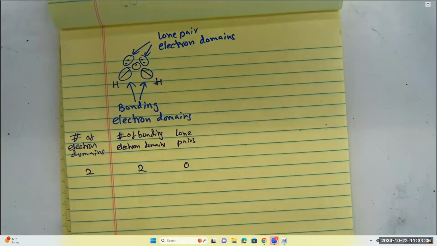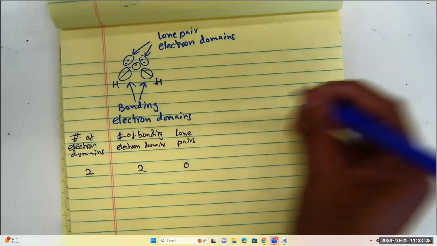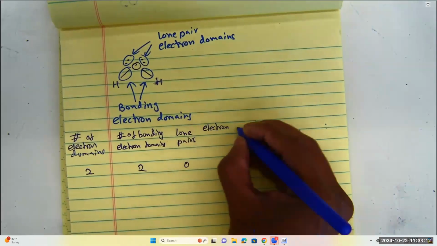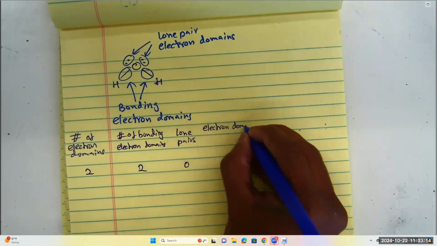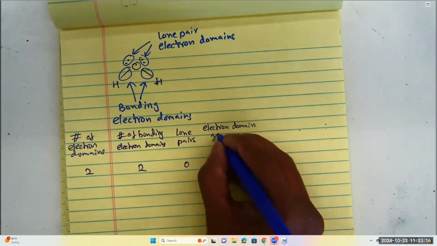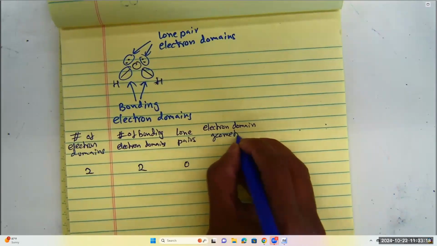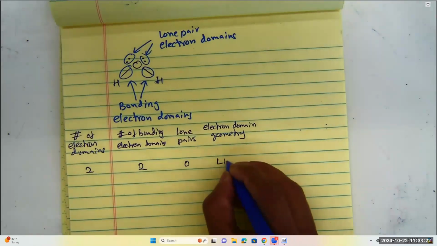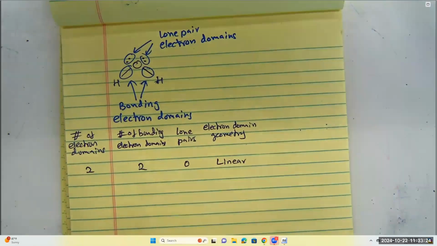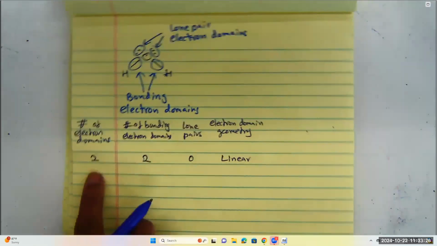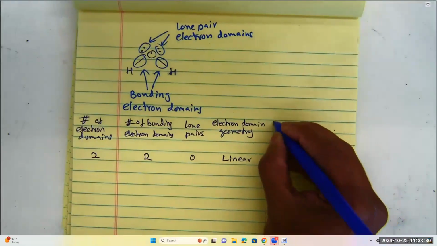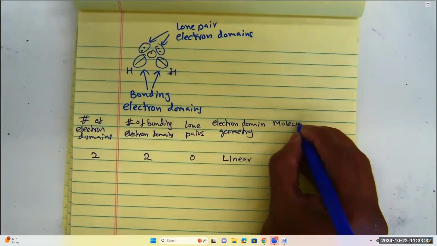So we know that our electron domain geometry, I'm going to write it like this, electron domain geometry, is linear, because our 2 electron domains are bonding electron domains, my molecular geometry is also linear.